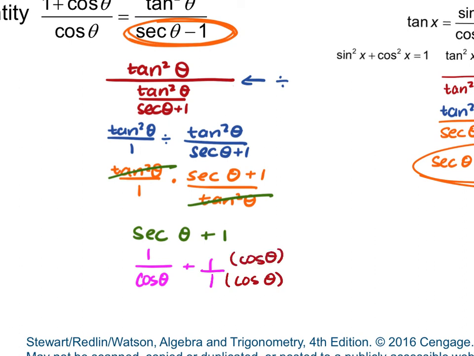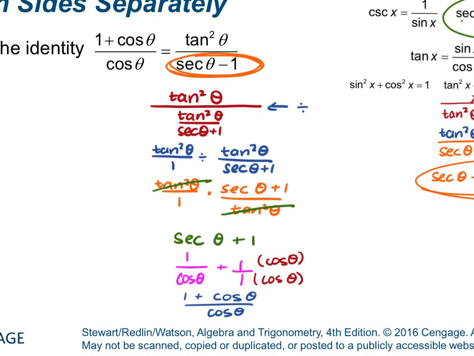So we're going to rewrite this as 1 plus cosine theta all over cosine theta. Look at what you started with. It is the same exact thing. They are equal to one another. So this is an identity.